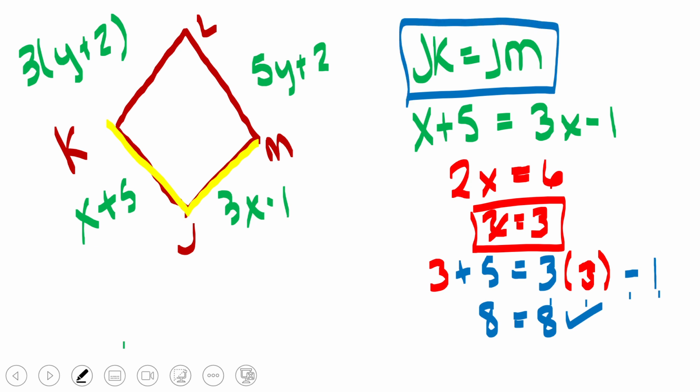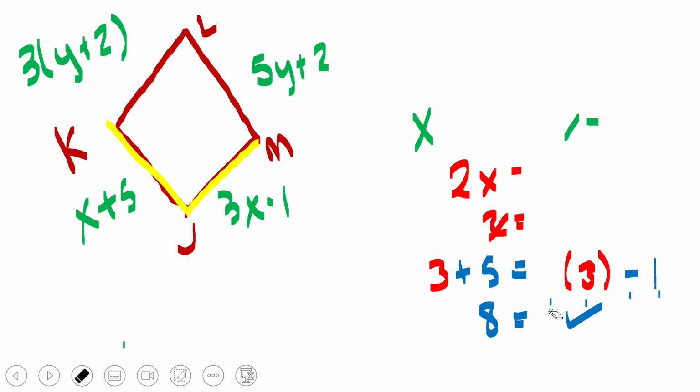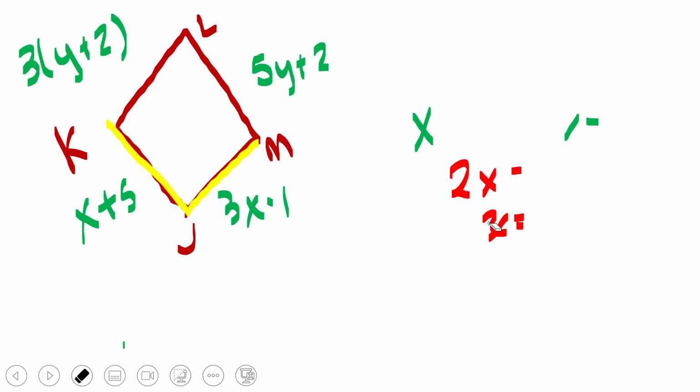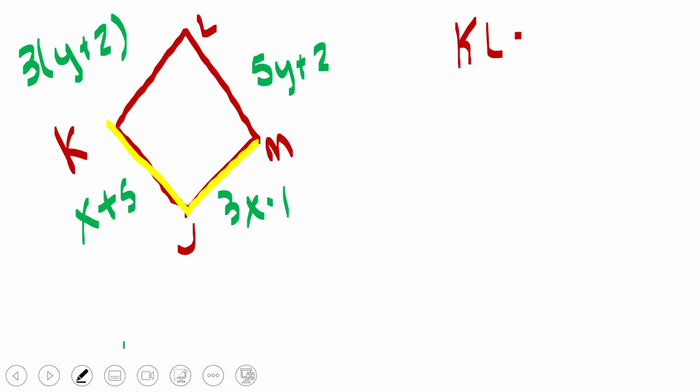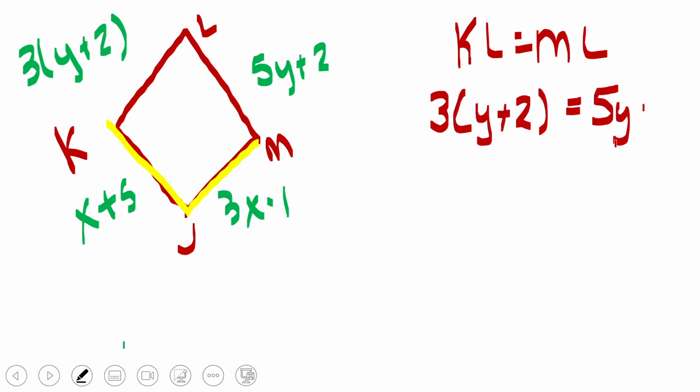All right. If we look at KL equals ML, the other two sides, and consider solving those, we're going to have 3y plus 2 equal to 5y plus 2.